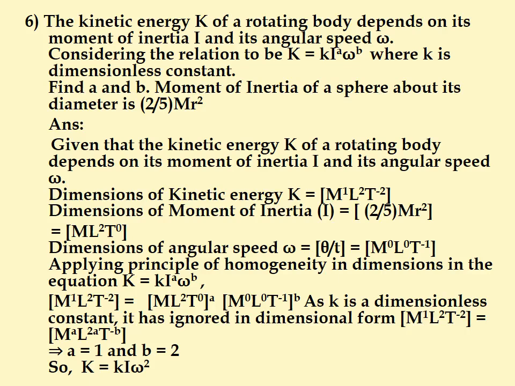Find a and b. Moment of inertia of a sphere about its diameter is 2 by 5 m r squared. The solution is, given that the kinetic energy K of a rotating body depends on its moment of inertia I and its angular speed omega.